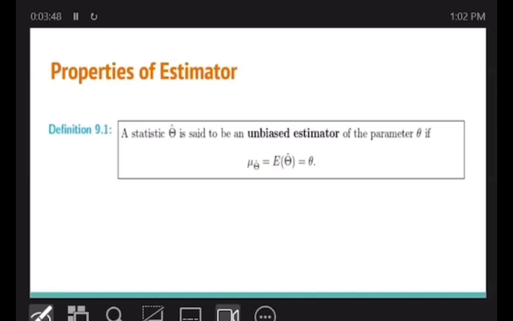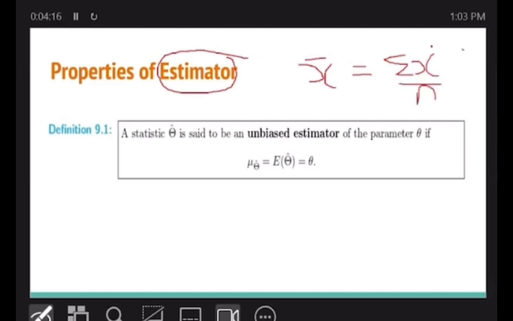Now, when I say estimator, an estimator is a formula that we use in estimation. For instance, if I wanted to get the mean, the formula is going to be this, right? This is an estimator. An estimator is a formula or method that we use in estimation.